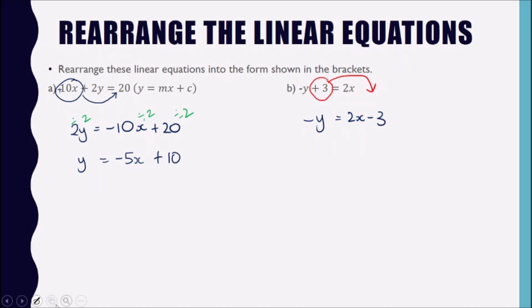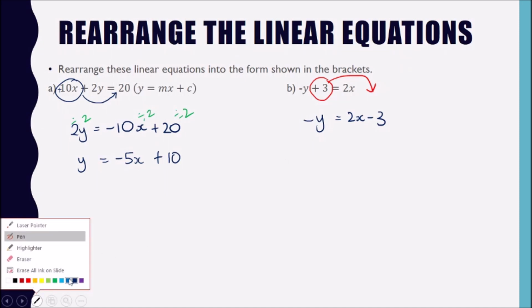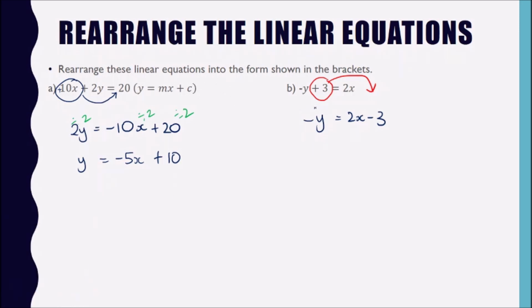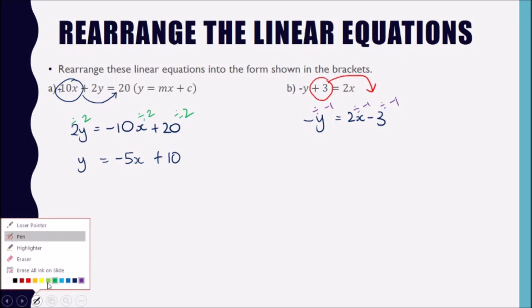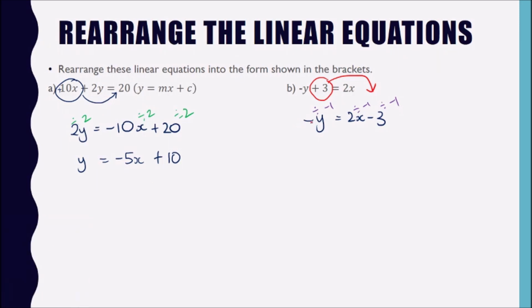Now we're looking for y, not negative y. Remember the linear equation is y equals mx plus c. So now we have to divide both sides by -1, or divide everything by negative so you can change it. So I usually just tell myself, if I want to get rid of that, I have to change all the signs here. So I change it to the opposite.